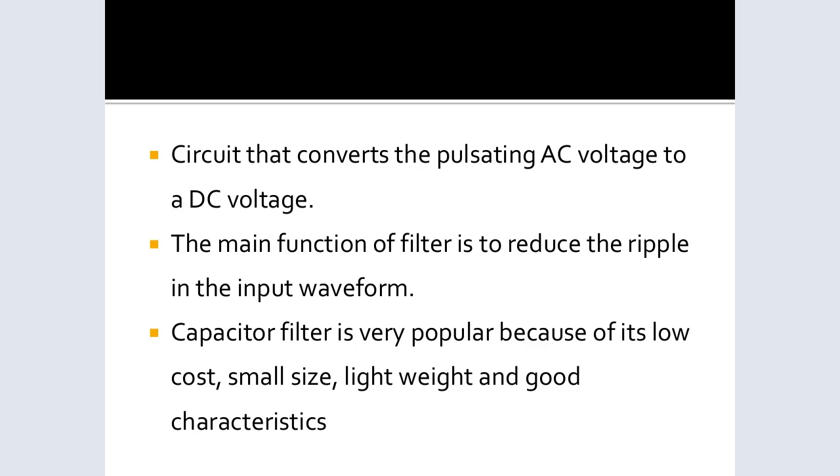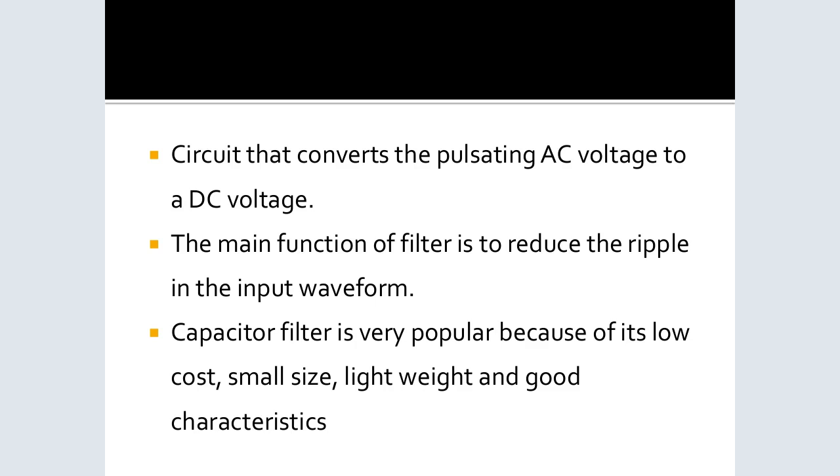So up to this particular point, I mentioned that other components that surround a transformer and a diode are a filter and a voltage regulator. At this point, just note that a filter is charged with the responsibility of reducing the ripple in the input waveform.